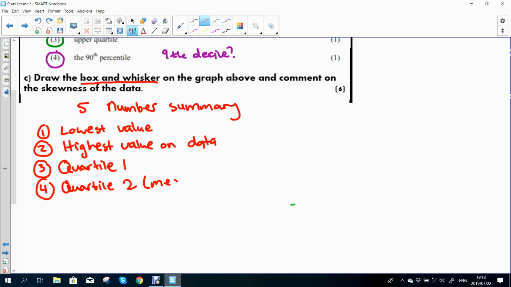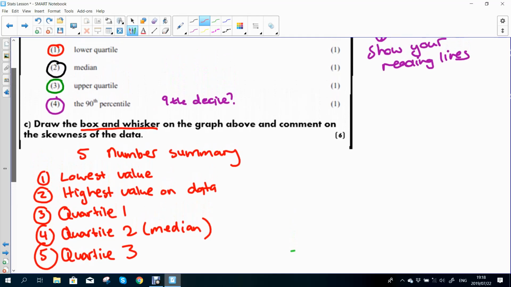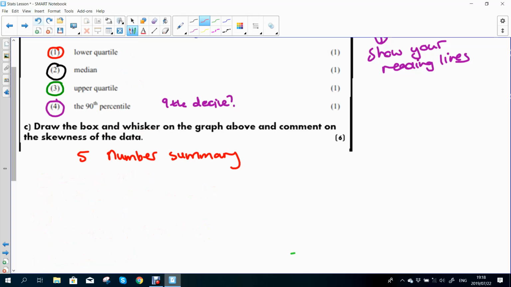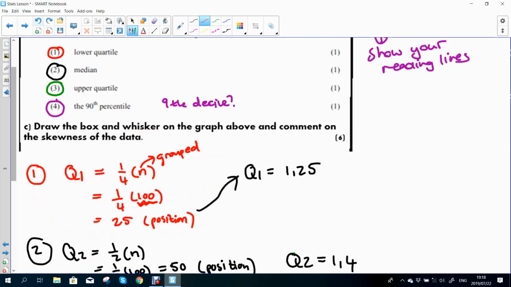This is your middle value, your median. And then finally, you need quartile 3. And if you look at what you've done at the top, you already have all of those values ready. So I'm just going to go back quickly. We need to get those values back because we're going to use them now to draw the graph.